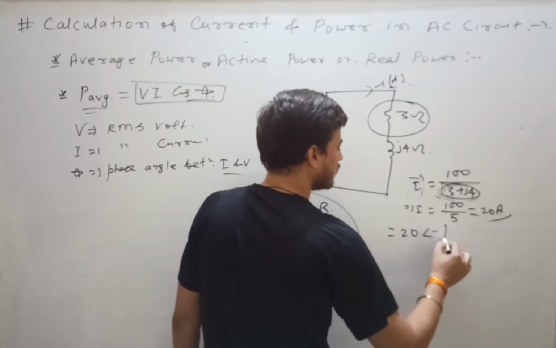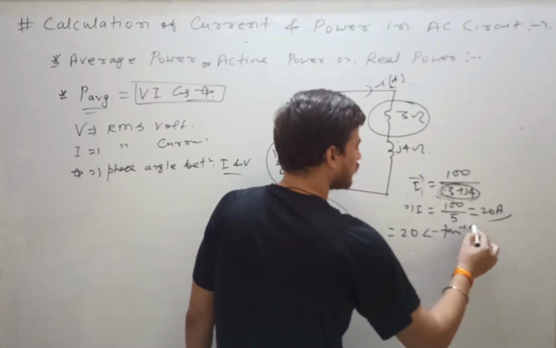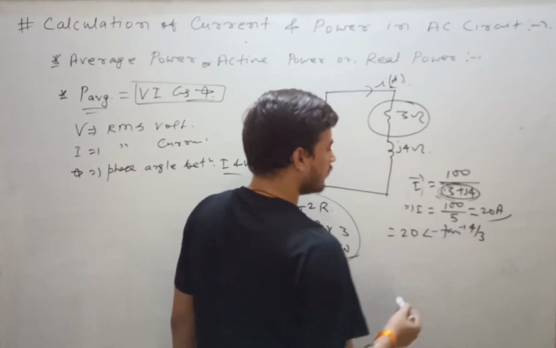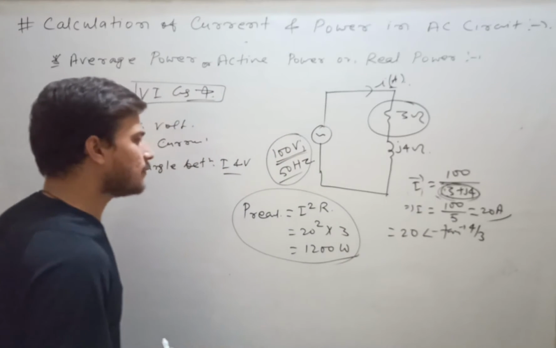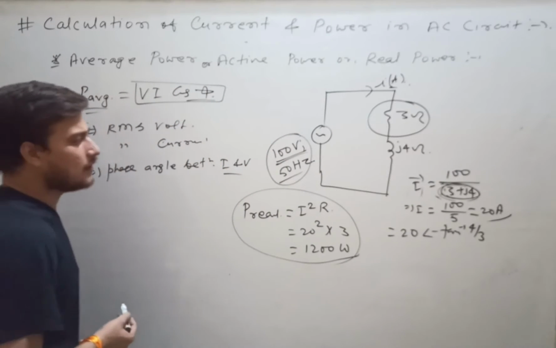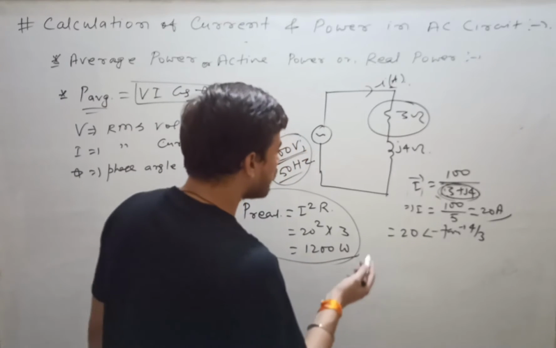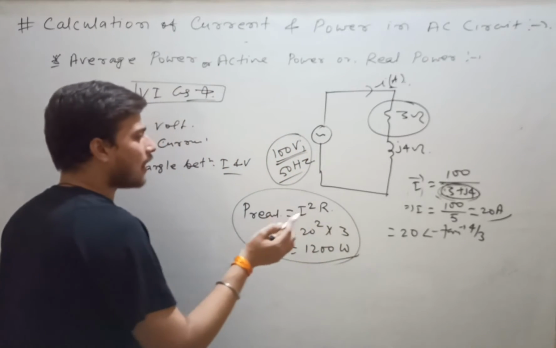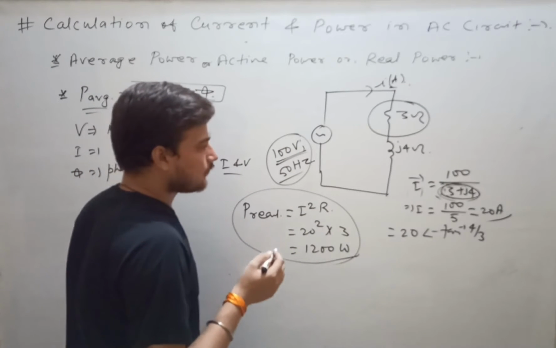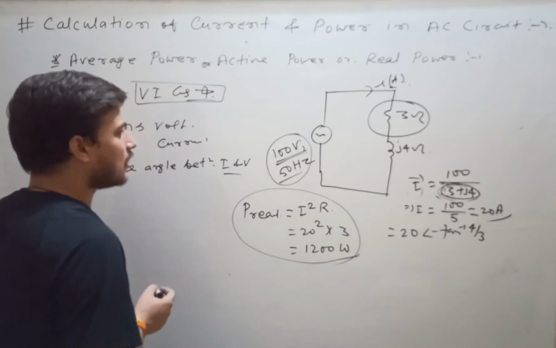So it is minus tan inverse 4 by 3, or minus 53.13 degree. So from here you have to find V into I into cos phi. Then you can find the answer. Clear?